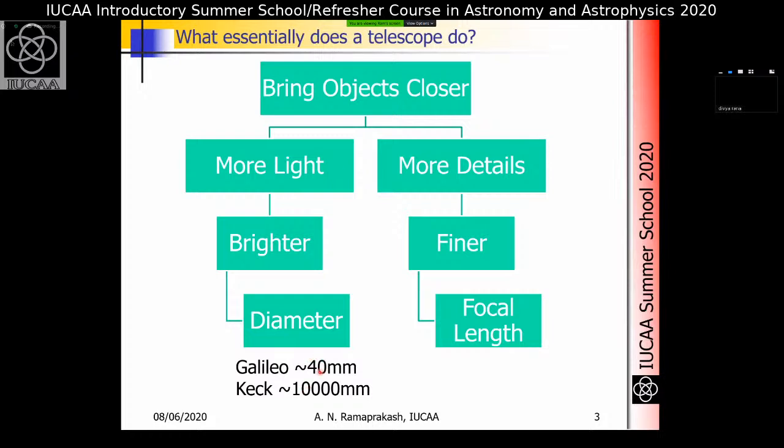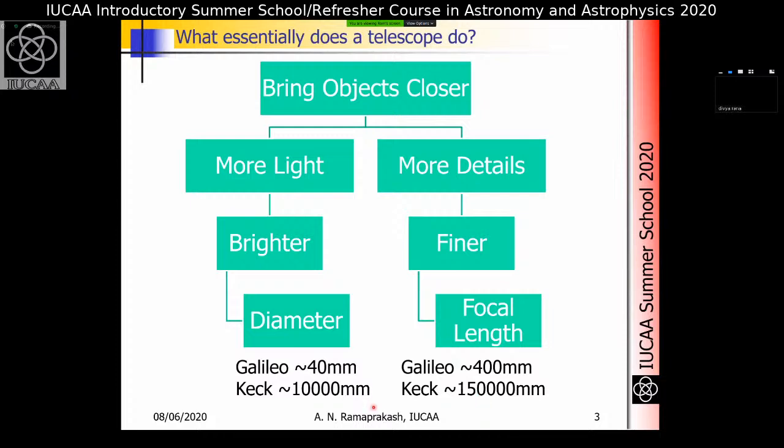Compared to Galileo's telescope, it is very, very large. Similarly, Galileo's telescope had a focal length of about 400 millimeters, but Keck telescope, the largest existing optical telescope, has a focal length about 150 meters. So from Galilean times, we have come a long way.